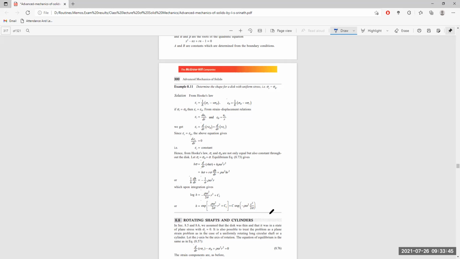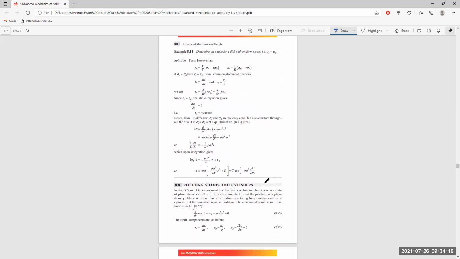Exponential means h is e to the power this portion. We are just making a simplified form by writing only the exponential here. So it is e to the power minus rho omega square by 2 sigma r square plus C1, and C is brought outside. So if numerical values are given in some problem, this can be solved easily.